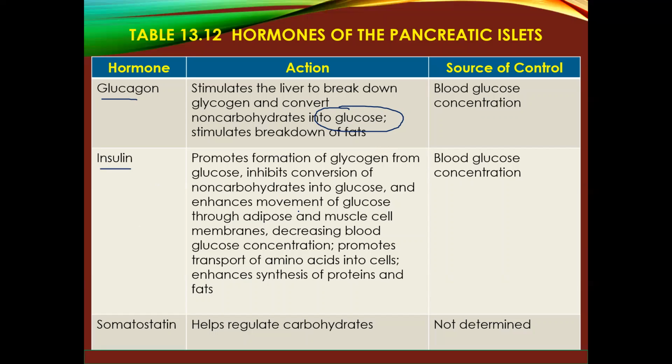It will decrease the glucose levels in the blood. If, for example, we eat too much sugar, like cake, then insulin will be produced in order to decrease the blood glucose level. Somatostatin also helps to regulate the carbohydrates.